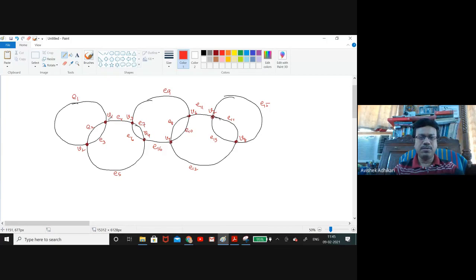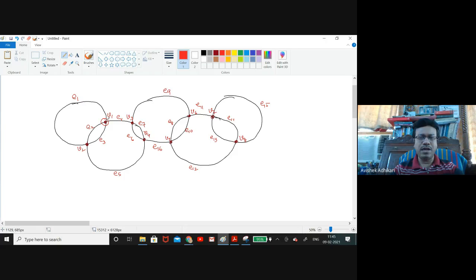That means you should start from a vertex, and I want a closed walk, that means a circuit. Starting from some vertex, say V1 will be my starting vertex, and V1 will be my end vertex.